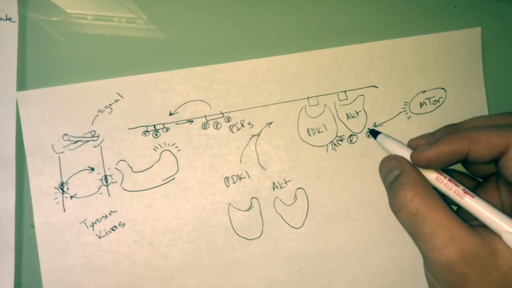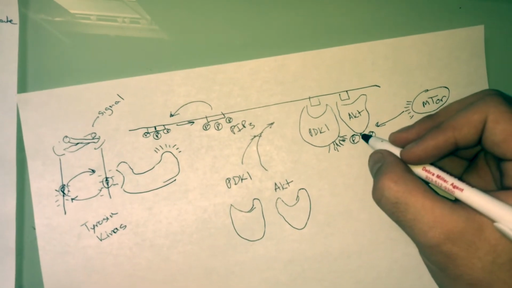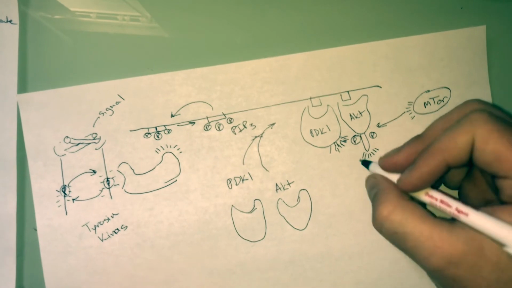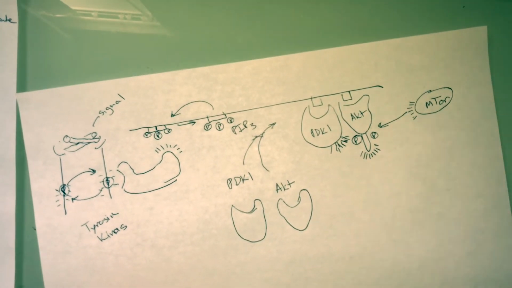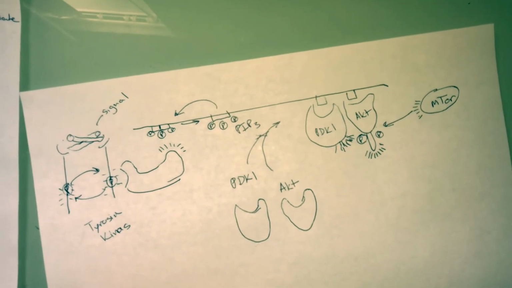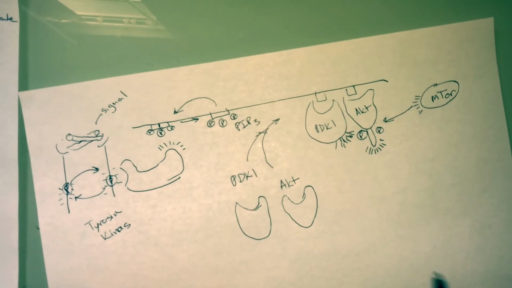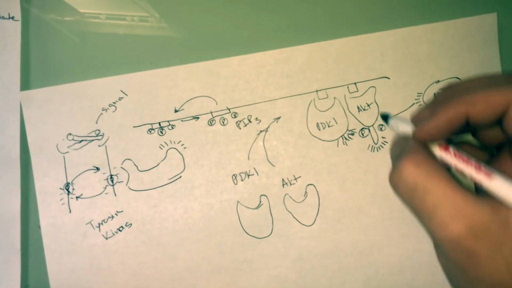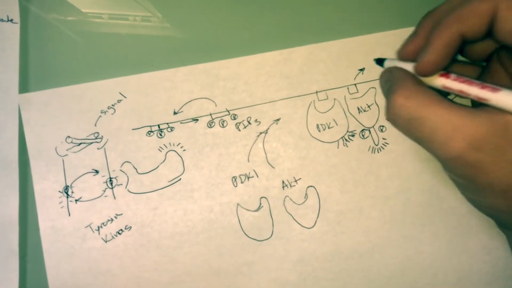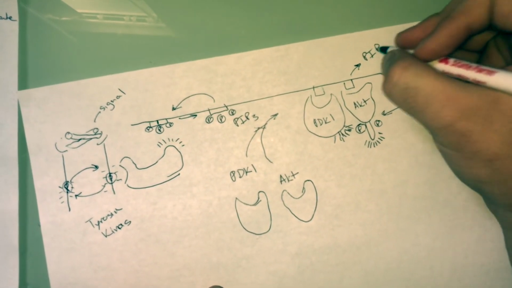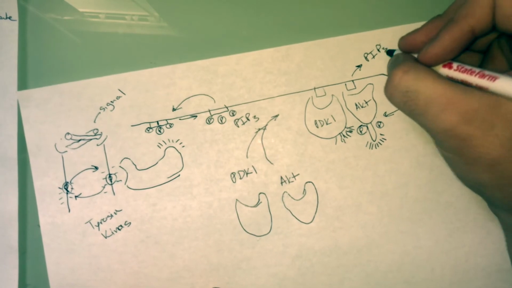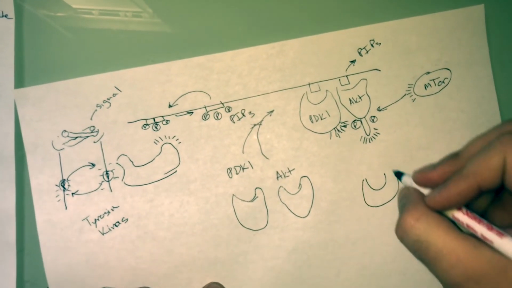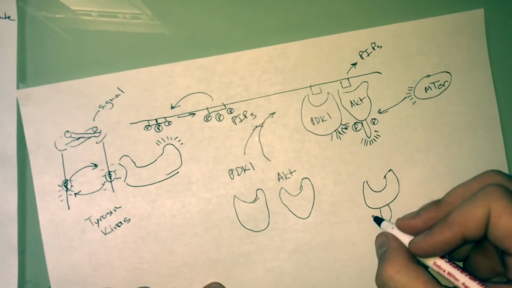Now AKT is fully activated, so it's ready to regulate downstream signals. Once it's fully activated, the AKT will break off from the PIP3 in the transmembrane, still maintaining its activation though.